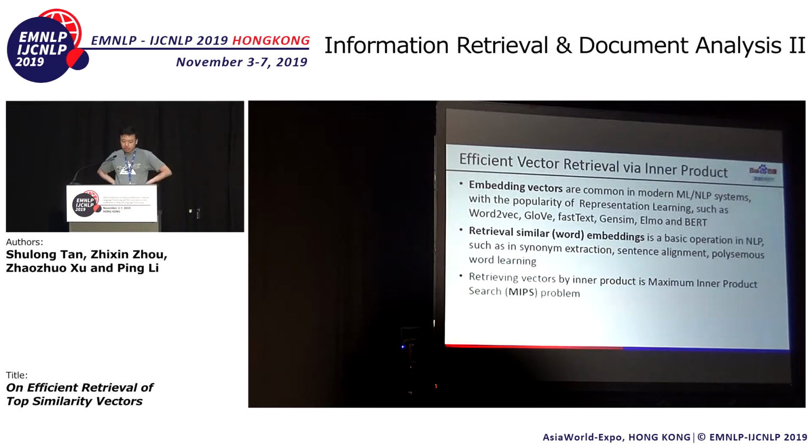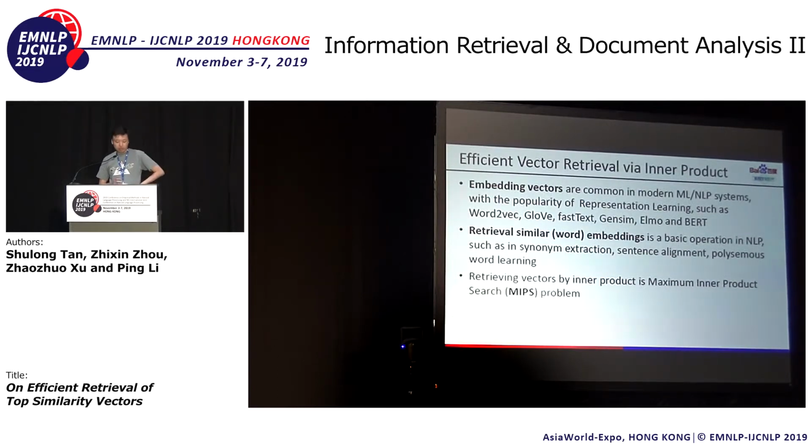Embedding vectors are common in modern machine learning and NLP systems, with the popularity of representation learning such as word2vec, GloVe, fastText, ELMo, and BERT. Retrieving similar word embeddings is a basic operation in natural language processing, such as synonym extraction, sentence alignment, and polysemous word learning.